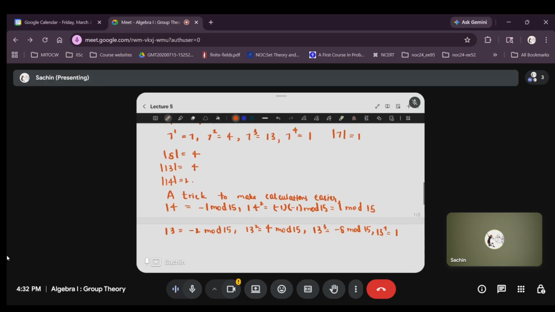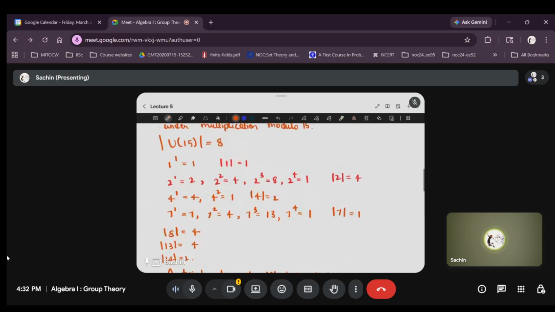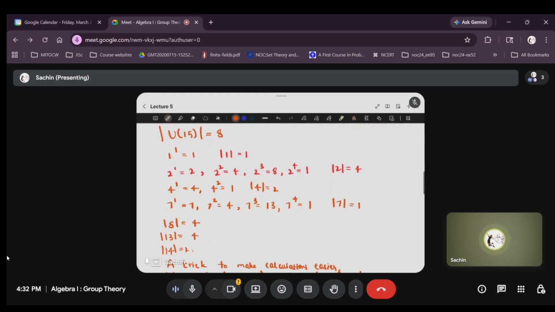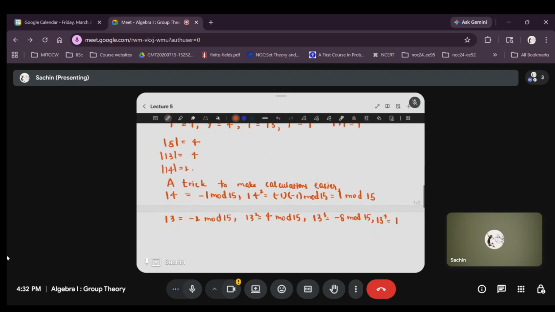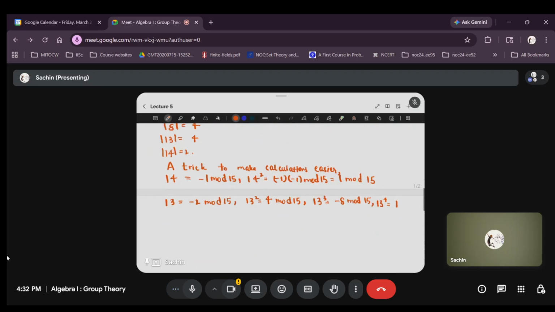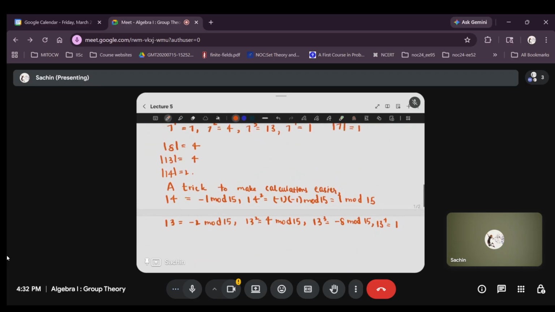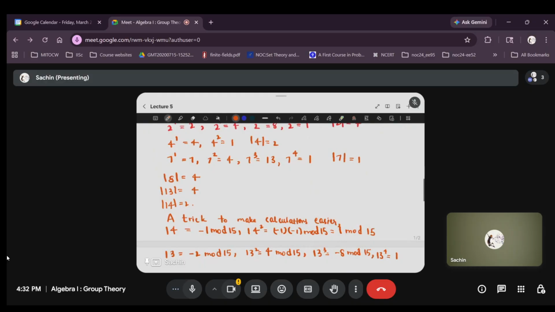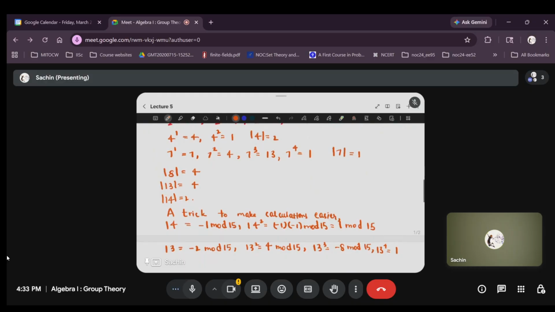As the number becomes closer to n, instead of dealing with the number itself, you can take n minus that number. Or, sorry, not n minus that number, the inverse of that number. Wait, what am I saying? It's not the inverse.